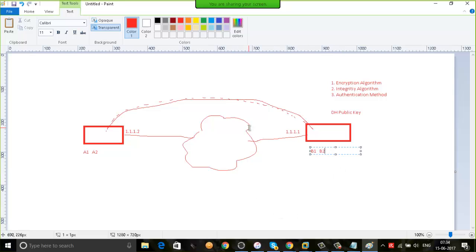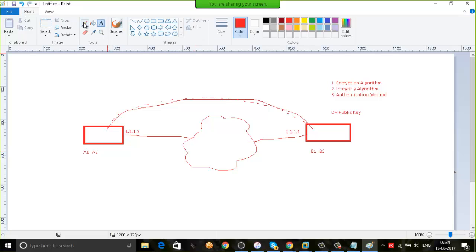So an asymmetric algorithm is what is being used, and one of the keys is identified as a public key, and that key is going to be exchanged. Let's say that key number 2 is the public key. So that public key is getting exchanged between these two peers. That is the second packet, a second pair of exchange in main mode.